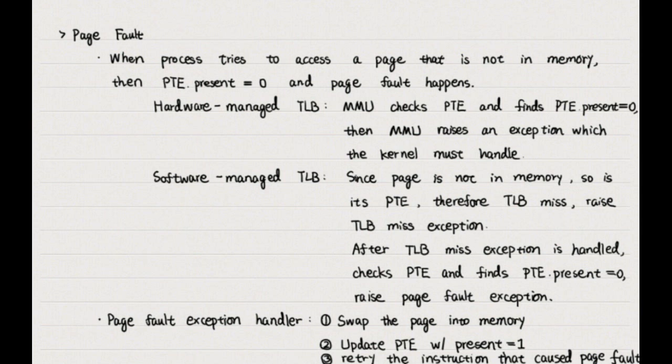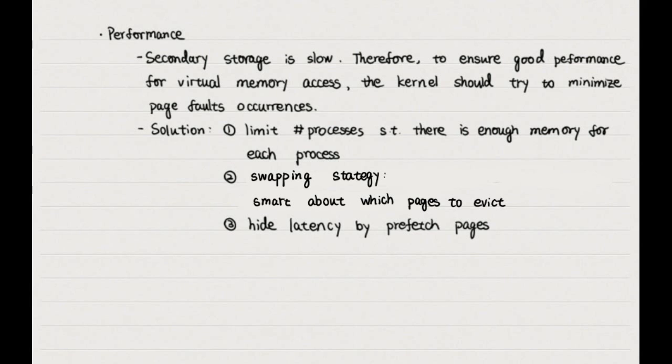Since the secondary storage is very slow, we'll talk about the performance of using secondary storage. Secondary storage access times are much higher than memory access times. Suppose that secondary storage access is 1,000 times slower than memory access, and the time of memory access is 1 unit.